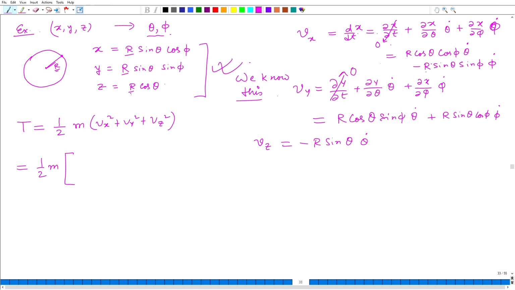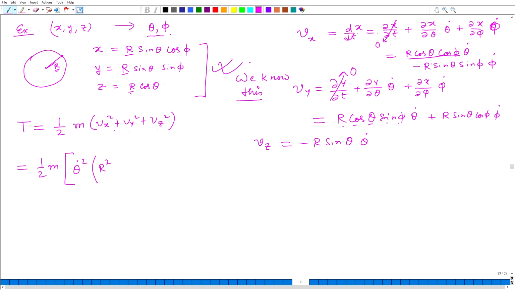So, if you do Vx square plus Vy square plus Vz square, theta dot square you can collect and you will have r square cos square theta cos square phi here, and you have r square cos square theta sin square phi.